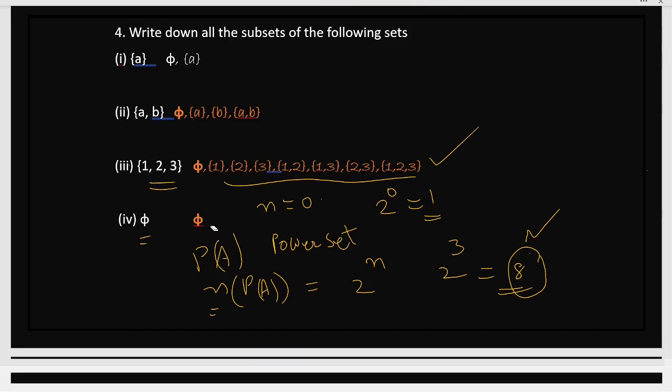The subset of the null set is the null set itself, because the null set is a subset of every set, including itself. If you substitute the same thing in our formula, how many elements are there in this? 0. 2 raised to 0 is equal to 1. So the number of elements in the power set is 1. That proves this formula is again correct.